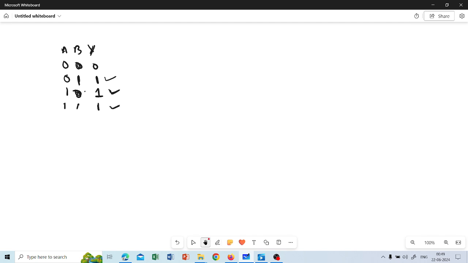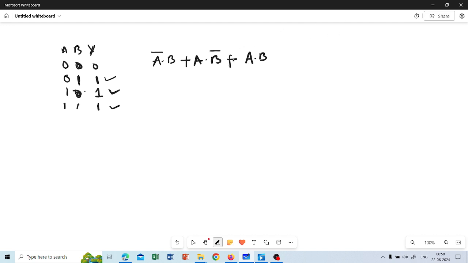There are 3 ones, so I can write the expression as A bar dot B plus A dot B bar plus A dot B. So this is the expression we get.